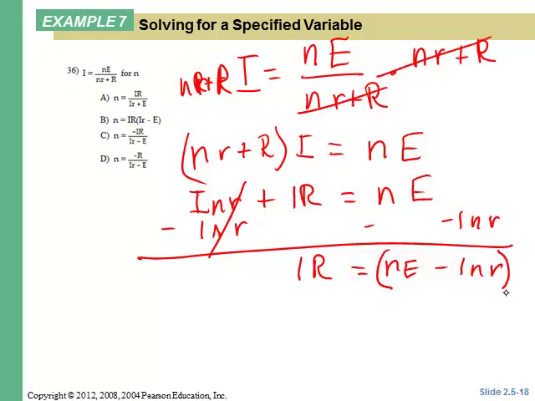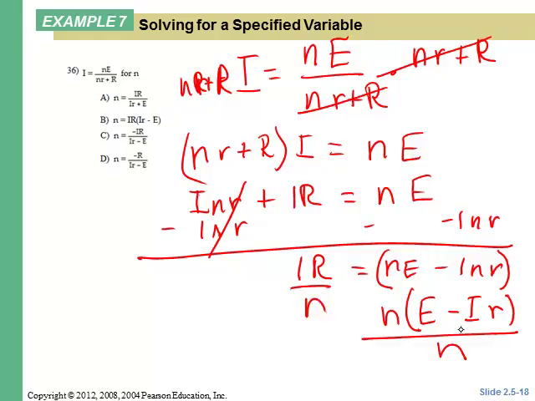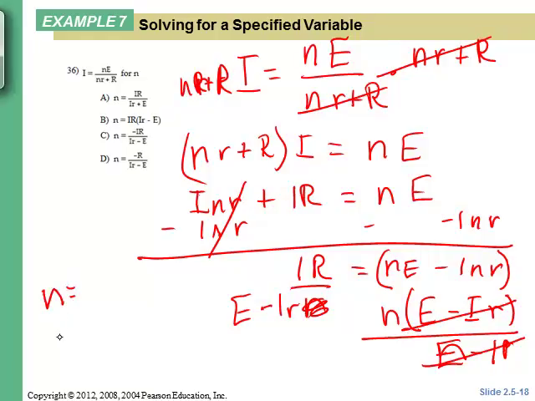You can factor an n out of these two, and you're left with E minus Ir. Divide both sides by n. I'm sorry. Divide both sides by E minus Ir. I got carried away. E minus Ir. And these cancel, and so n equals IR over E minus I lowercase r.